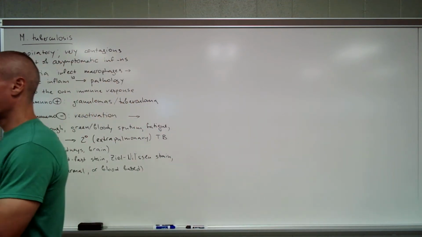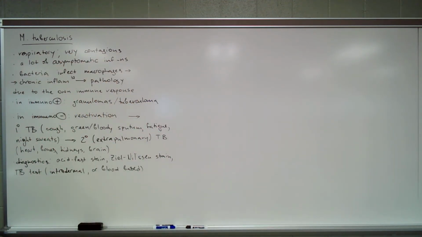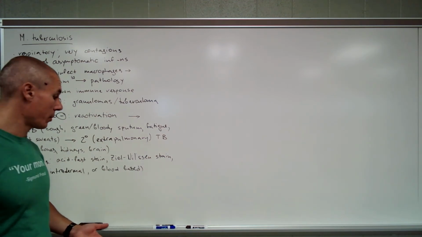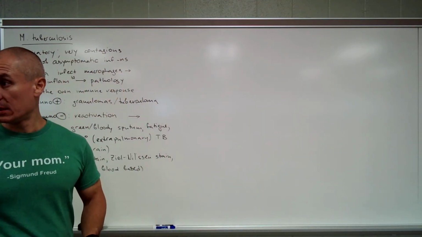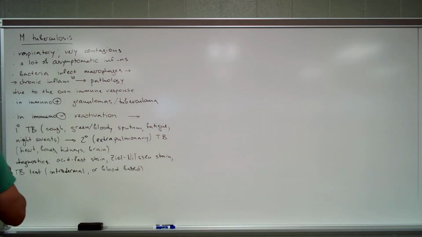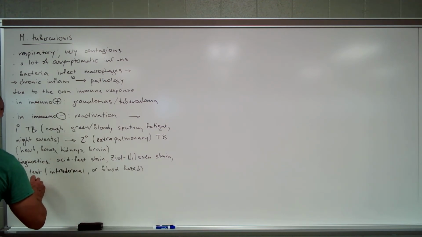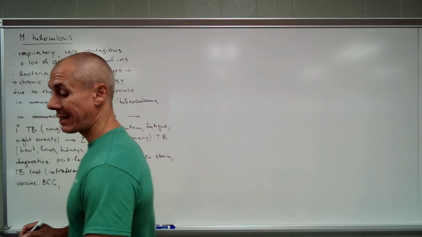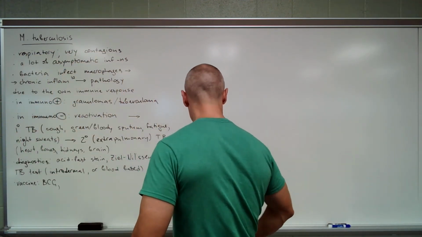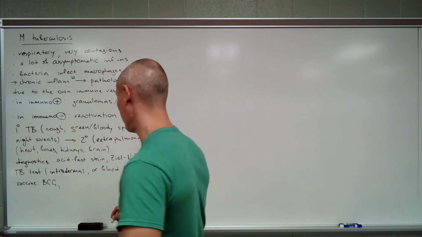For instance, I have been vaccinated against tuberculosis, speaking of which. So I have a pretty good chance to show up positive on the TB test. That makes sense? So, the vaccine is called BCG. The vaccine against tuberculosis is really marginally effective.